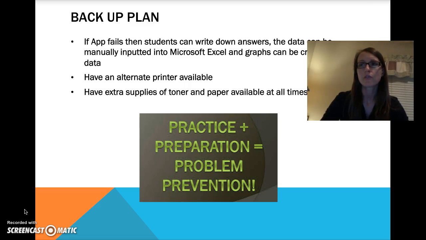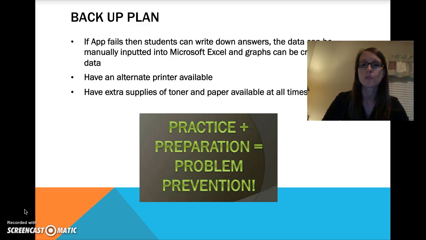Also, have another printer available when you've got to print cards. Have, you know, extra supplies of toner and paper available at all times. You don't need to print it out every single class, so just know ahead of time, maybe a week before you start the class, to make sure that you have your cards printed out.